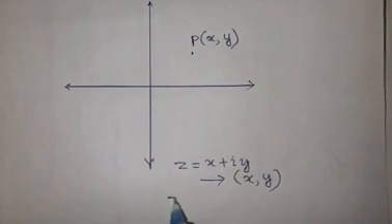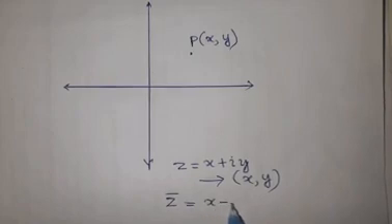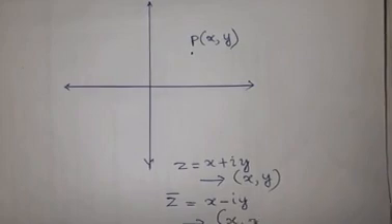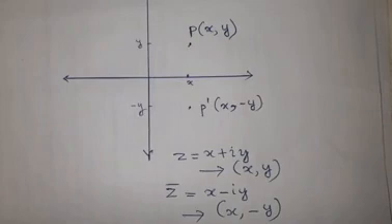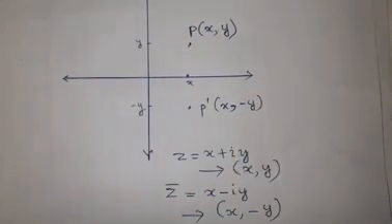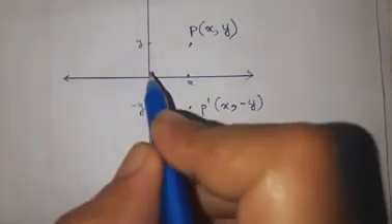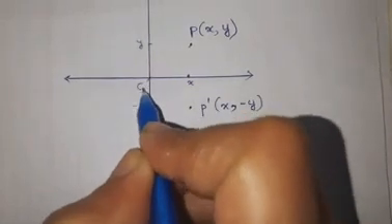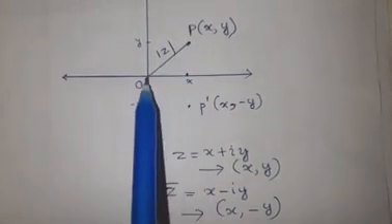Conjugate of the complex number, z bar is x minus iy, and it corresponds to the point x, minus y. And it is the mirror image of the point xy with respect to the x-axis. Also, the modulus of z is the distance of the point p from the origin.